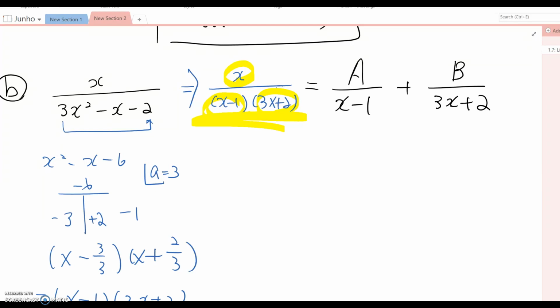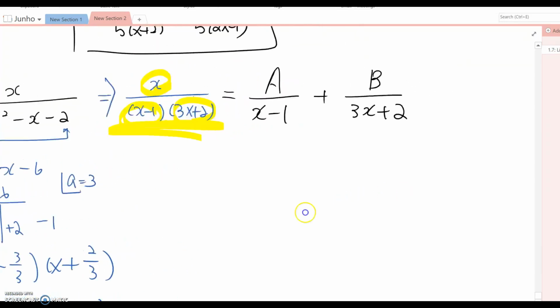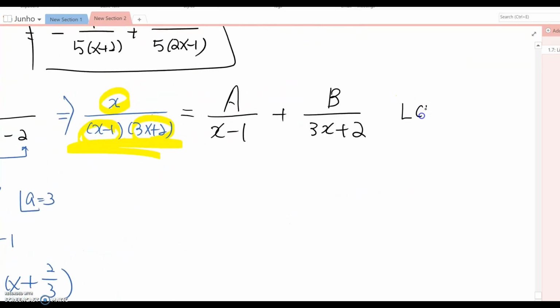Now, like we did before, you need to find the LCD. As you see, the LCD becomes x minus 1 and 3x plus 2. And you multiply it by every fraction.